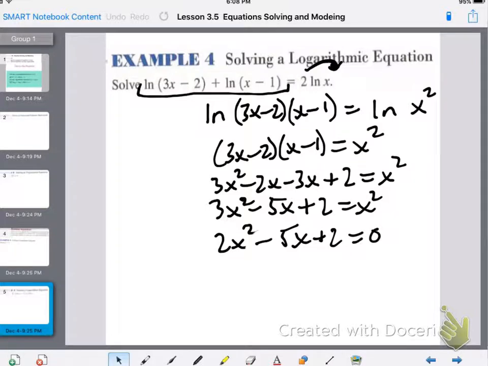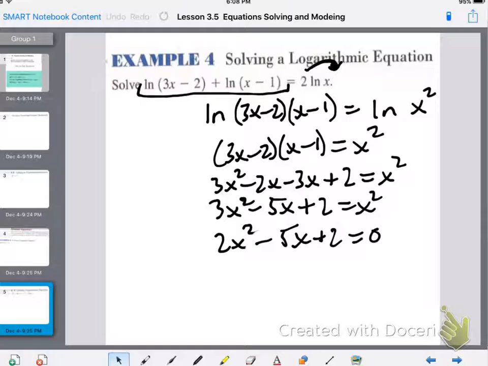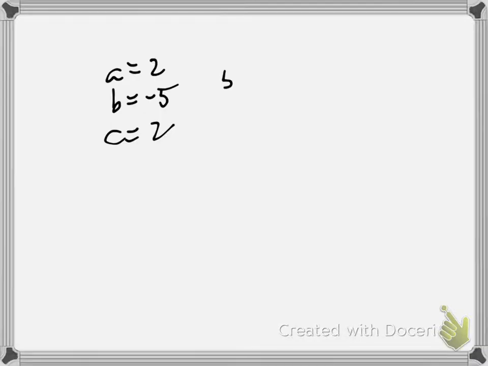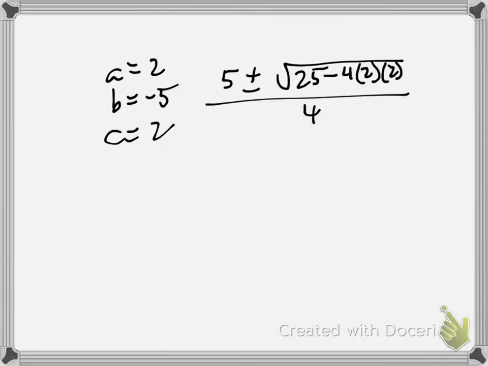You can factor it, or you can use the quadratic formula. It really doesn't matter. So we'll use the quadratic formula just for the time being here. So A is 2, B is negative 5, C is positive 2. Let me make sure that's right. Yeah.